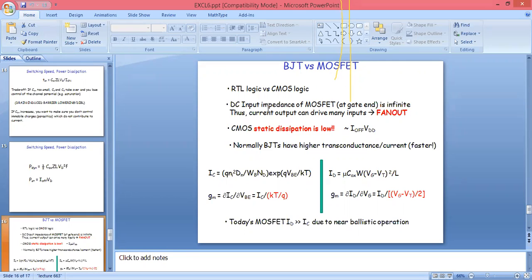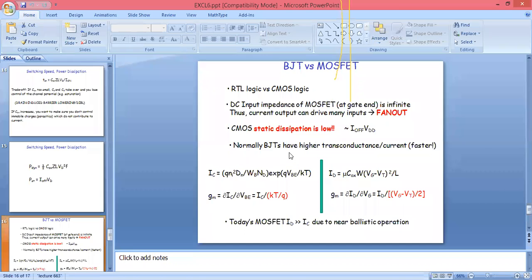And as its input impedance is infinite, the output current can drive many inputs. It means if you compare in terms of fan out, MOSFET's fan out is higher as compared to the BJT because its input impedance is high.